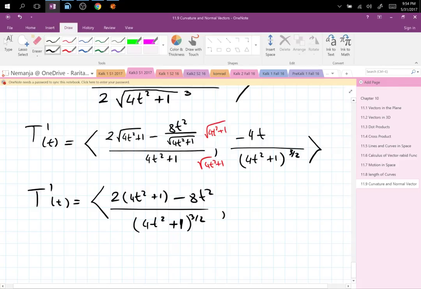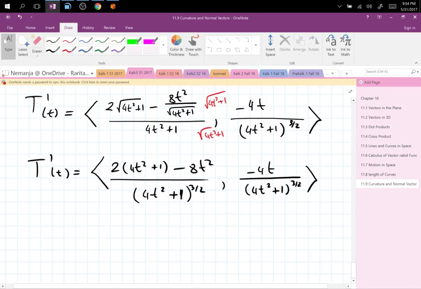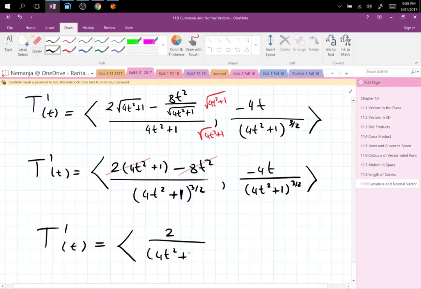And the second one is negative 4t, and you have the same denominator. So when you cancel these, all you're left with is that T prime is just 2 over 4t squared plus 1 to the 3/2, and then the second one is negative 4t over 4t squared plus 1. So it really simplifies nicely.